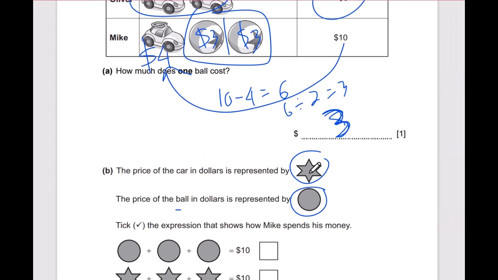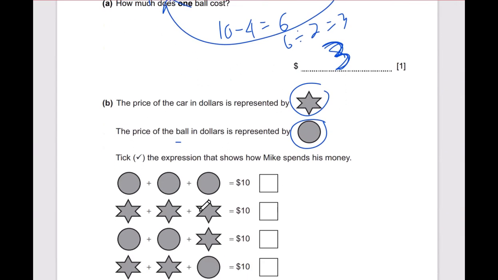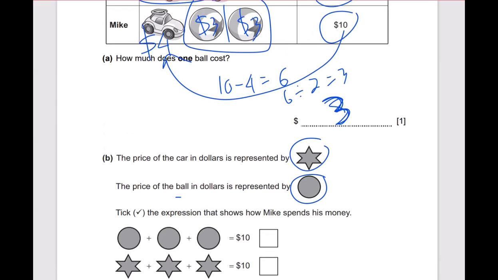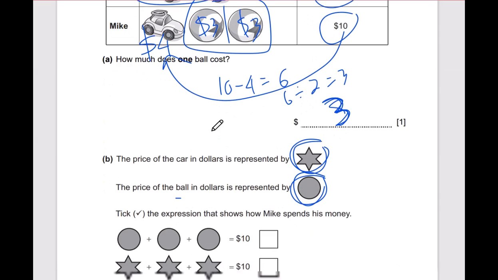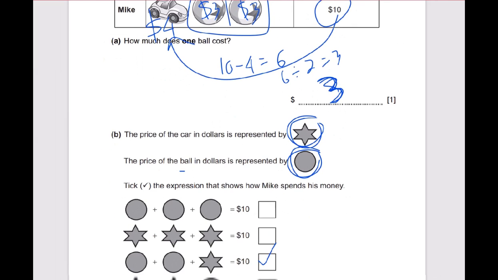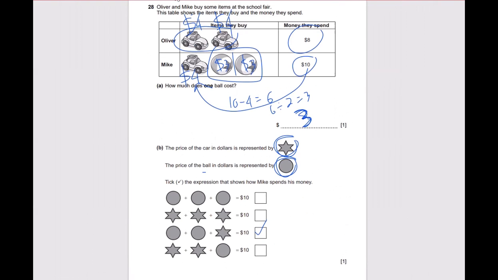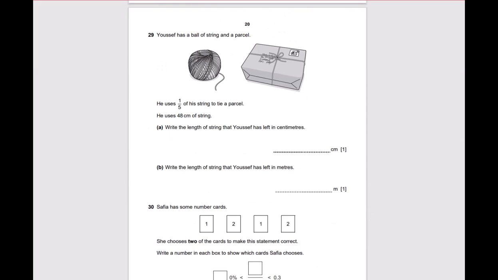So 1 car is a star, and 2 balls are 2 circles. So 1 star and 2 circles is this one. Hope it's clear.